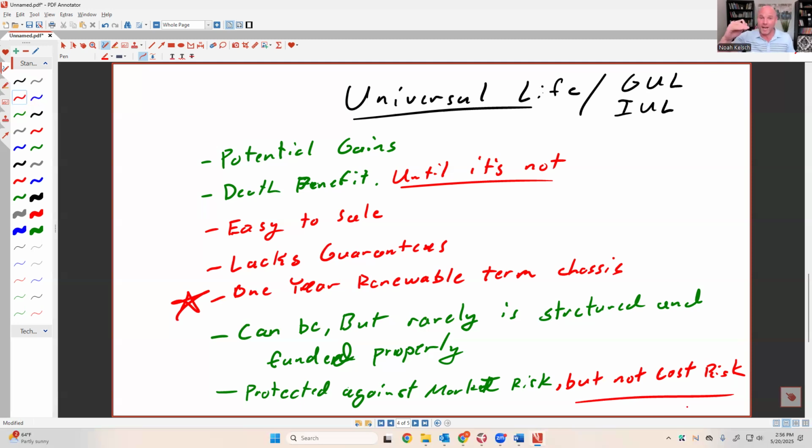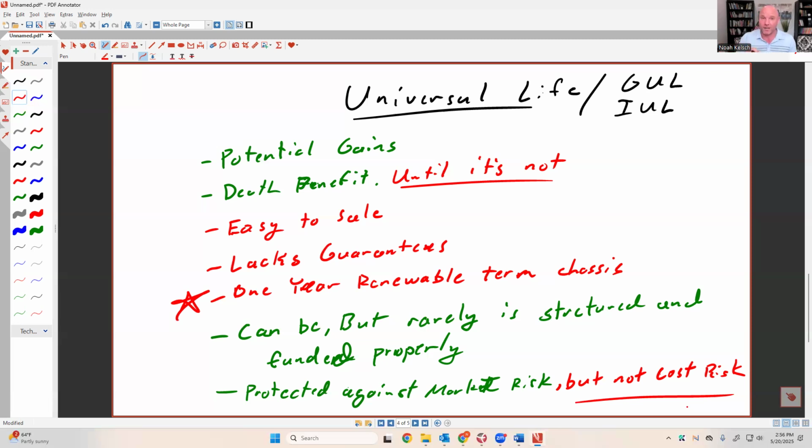So even if your cash value does not go down because of market risk, it can go down because of cost risk, or that increasing cost of insurance. So yes, cash value from universal life policies can vanish. When I say vanish, I mean it gets eaten up by cost of coverage.